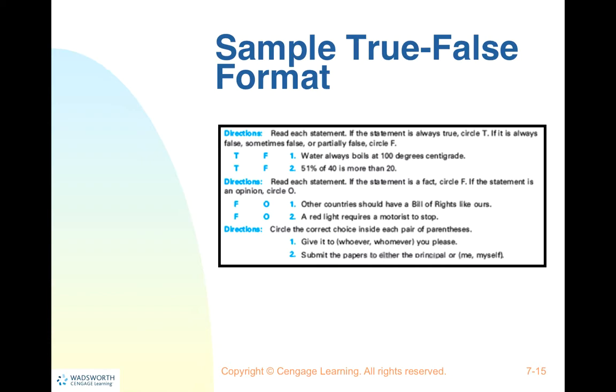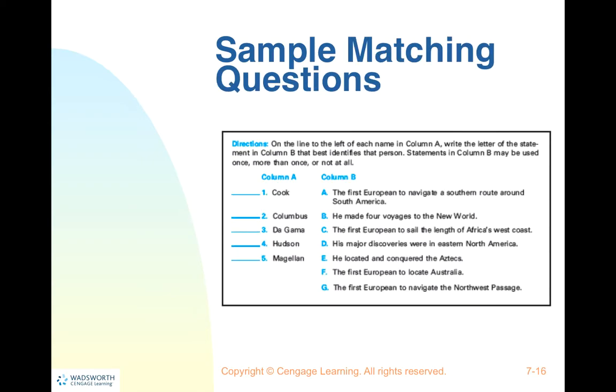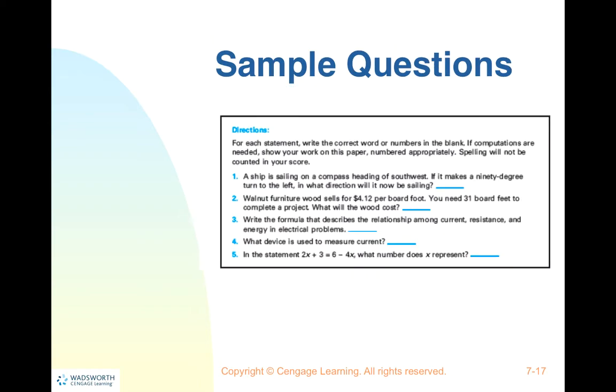And here's some different samples of different formats of questions that can be asked. This is a true-false one. Here's a sample for matching, where you have different columns and you match one concept to the term or the name.